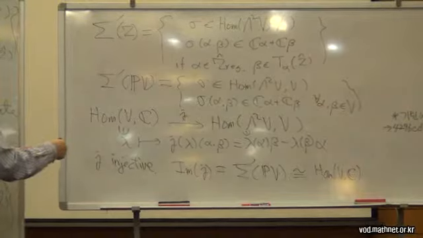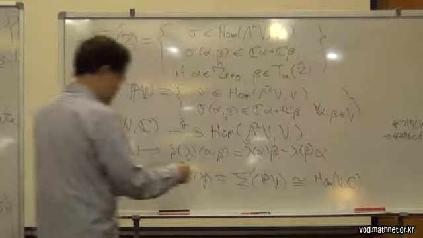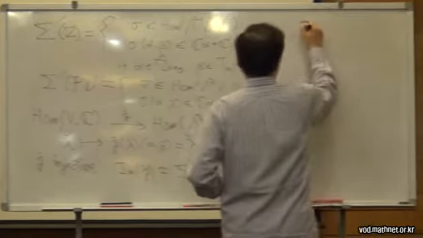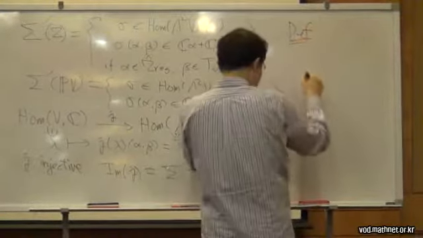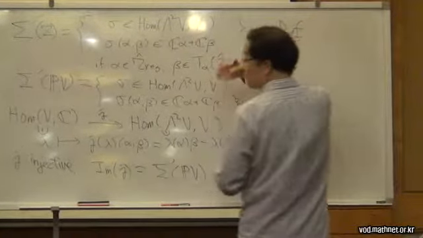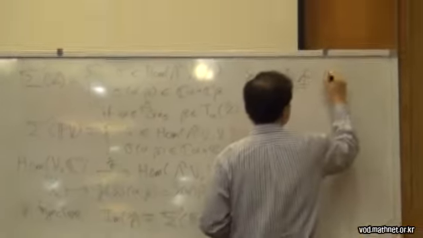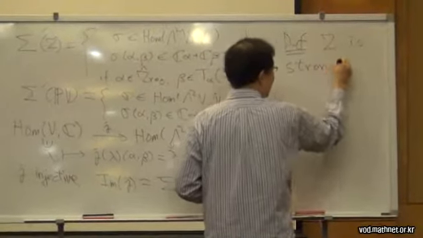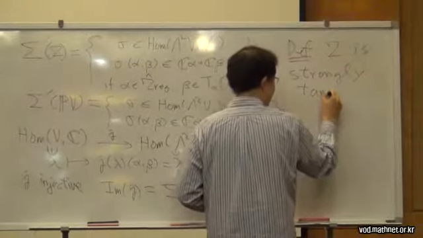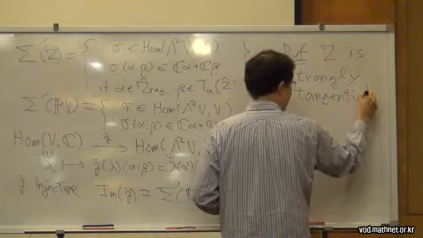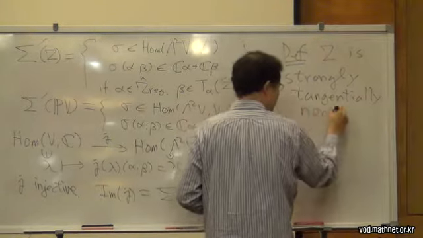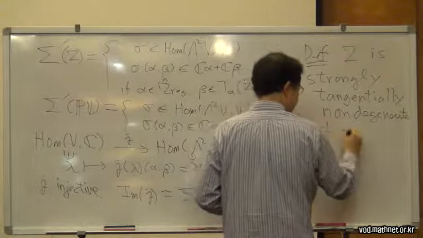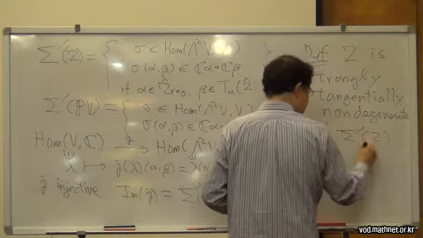So, in other words, sigma prime PV is actually isomorphic to the dual of V. Okay. Now I make the following definition. This also I don't have any standard terminology, so for today's sake, let's call that Z is strongly tangentially non-degenerate if sigma prime Z is equal to sigma prime PV.